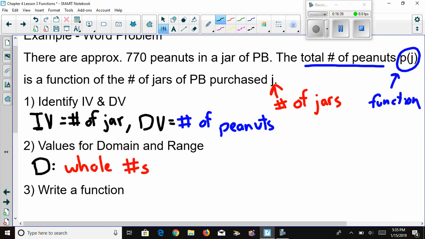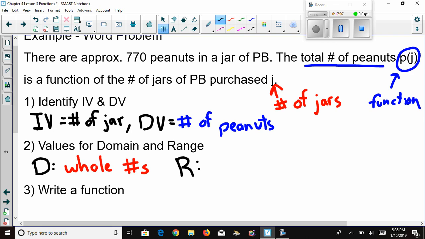Now for the range. I want to try to generalize the range. And by generalize, I mean I don't want to make a list of numbers again, because I could list out an infinite number in terms of the peanuts, starting at 770. I really don't want to have to do that.